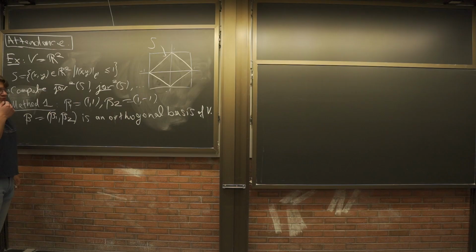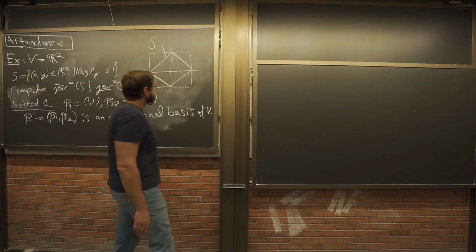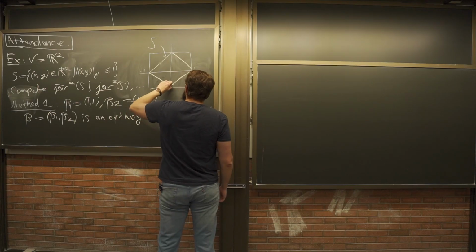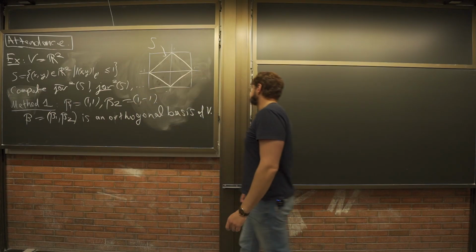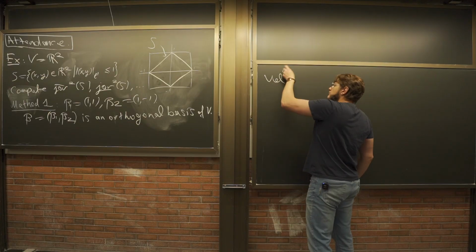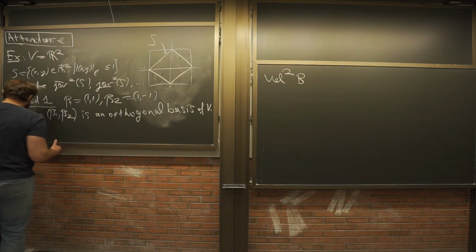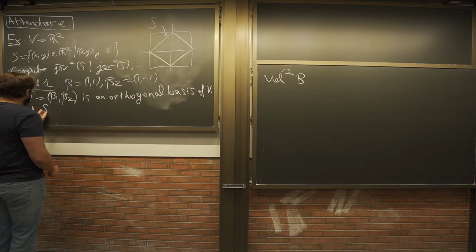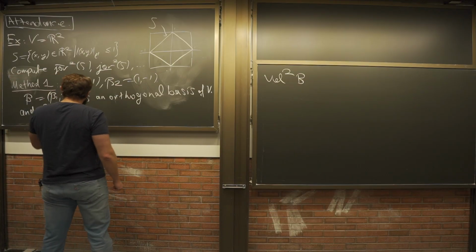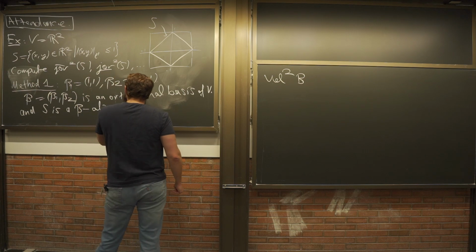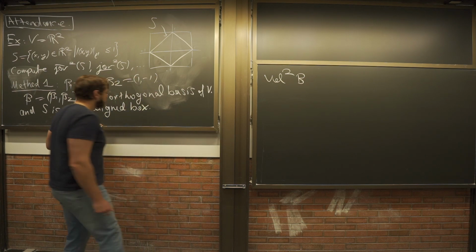And so what do I need to do then? Well, I need to figure out, based on our formula, and S is a beta-aligned box.